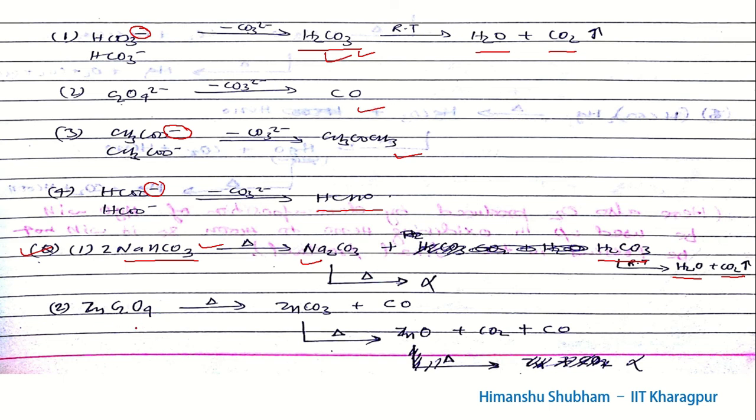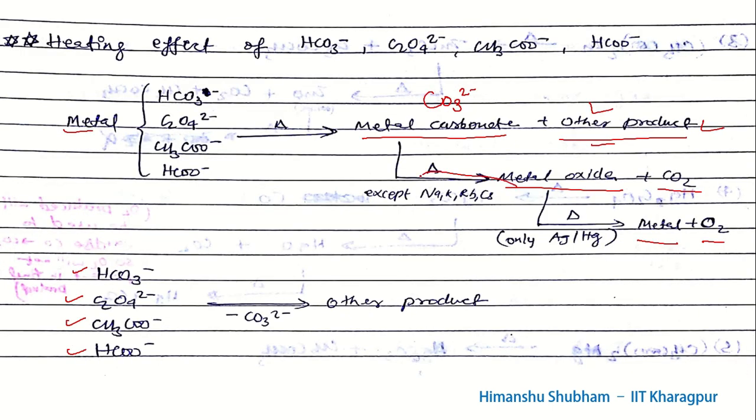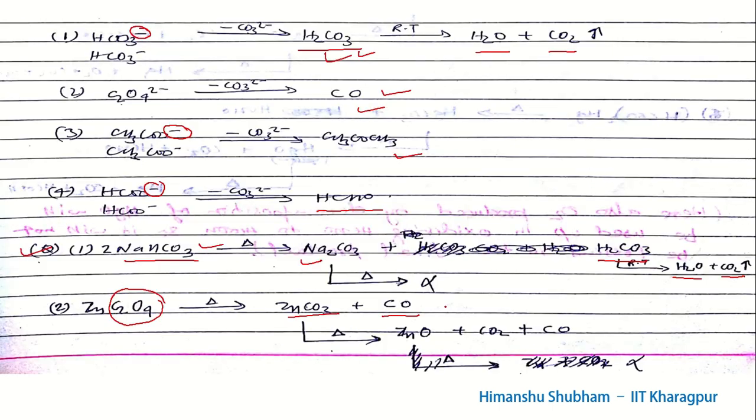Next, ZnC2O4, the oxalate of zinc. We have learned that we will definitely get ZnCO3, that is zinc carbonate. What would the other product be in the case of oxalate? We have learned that it would be carbon monoxide. So we get CO as the other product. And we also know that ZnCO3 does not belong to the exceptions that we have dealt with, sodium, potassium, rubidium and cesium, so it will again decompose into oxide and CO2.